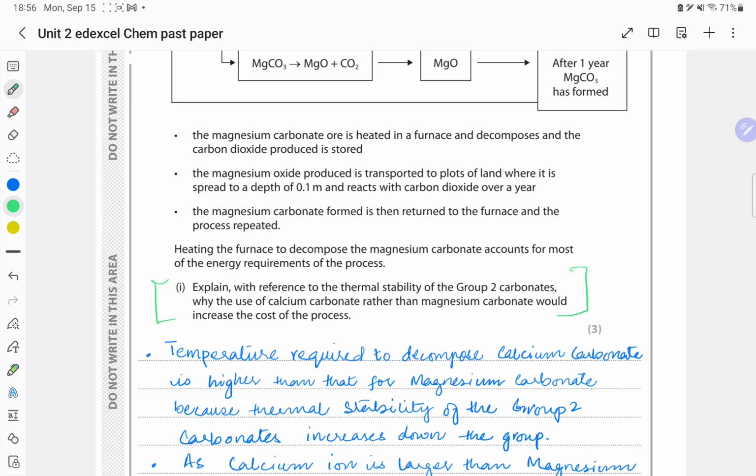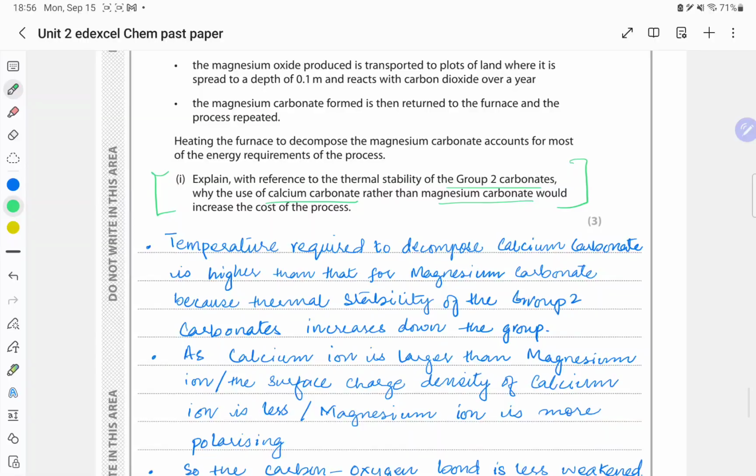Explain, with reference to thermal stability of group 2 carbonates, why the use of calcium carbonate rather than magnesium carbonate would increase the cost of the process. So they are telling you calcium carbonate rather than magnesium carbonate. So calcium carbonate is expensive, and why is that? It is going to be related to thermal stability.